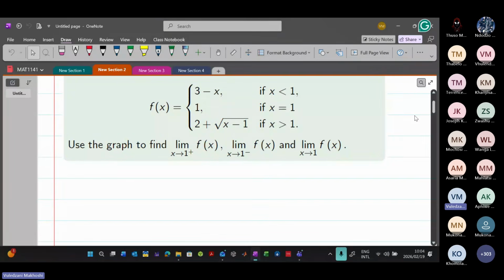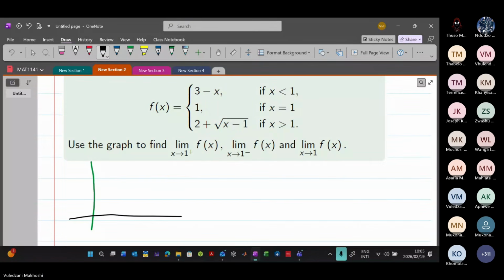So if we draw the graph, this is what we have. Sorry. Let me use the black color. This is what we have, the axis.